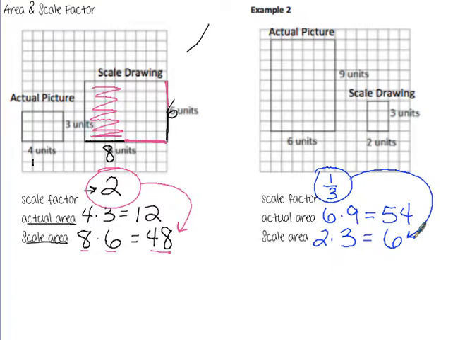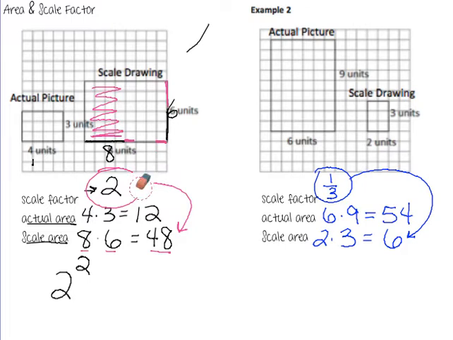Well, let's take a look at this. So here, if I take my scale factor, I know that it doubled, so my length and my width doubled. But my area, when it doubles, it actually ends up being squared. Okay, because with area, we're adding all of this, not just a small piece.